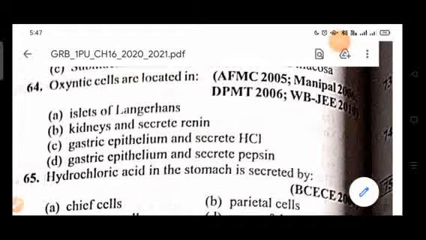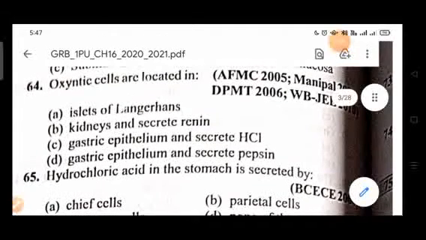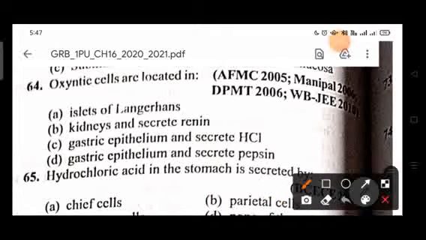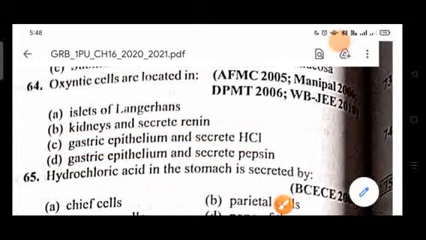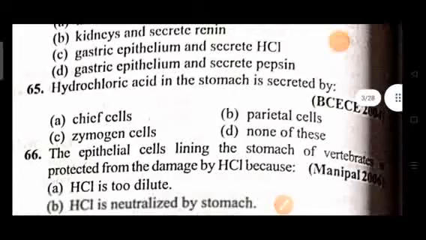So from the given answers, we already know that oxyntic cells, or parietal cells, are located in the stomach region and they secrete HCl. So the answer here can be the C option, that is gastric and secrete HCl. C option is the right option.